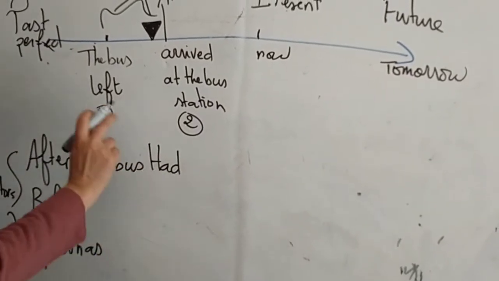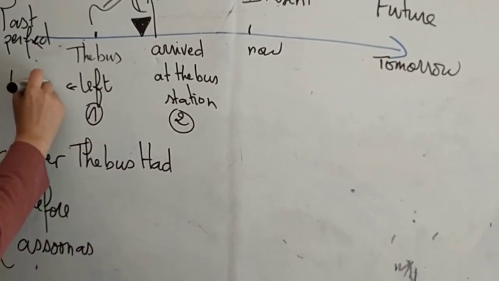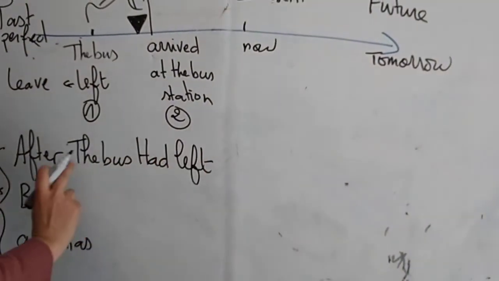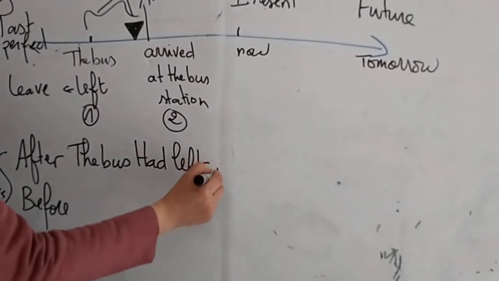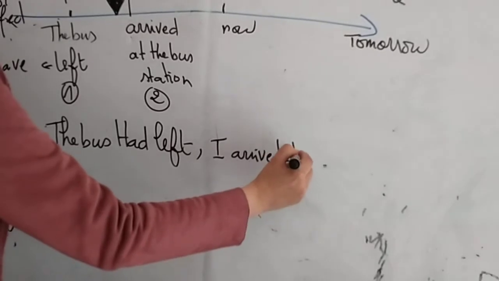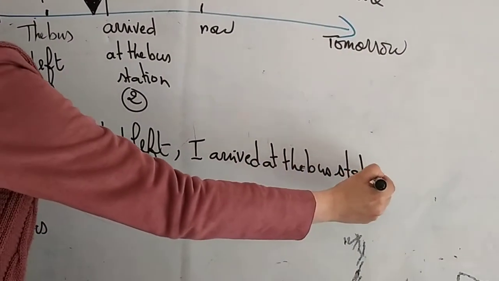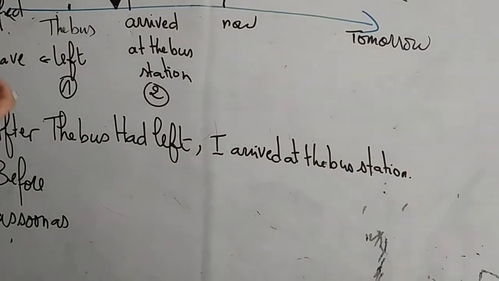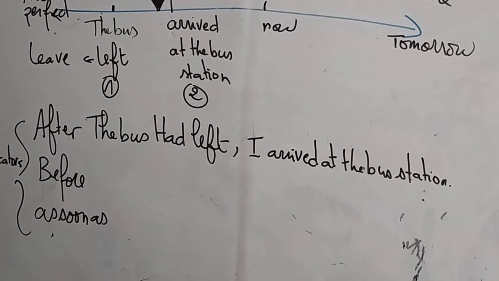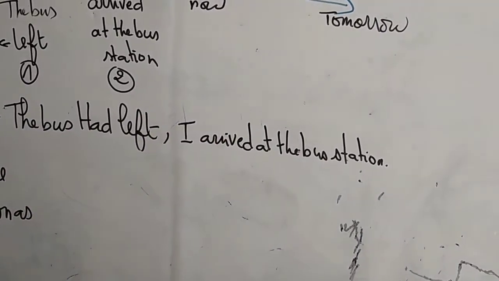After the bus had left, the verb to leave in the present, leave, in the past left, and the past participle also left. After the bus had left I arrived at the bus station. I see, after the bus left, I arrived at the station. Is it okay? After the bus had left I arrived at the bus station.